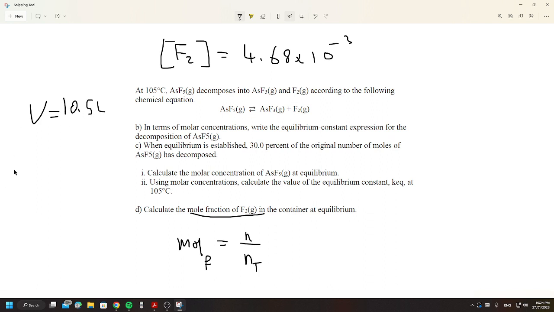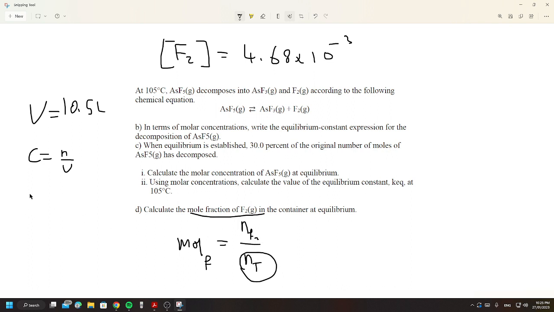Now here we're given concentration and volume. To find number of moles from that, we do C equals N over V. We're going to find the total number of moles and the number of moles of F2.